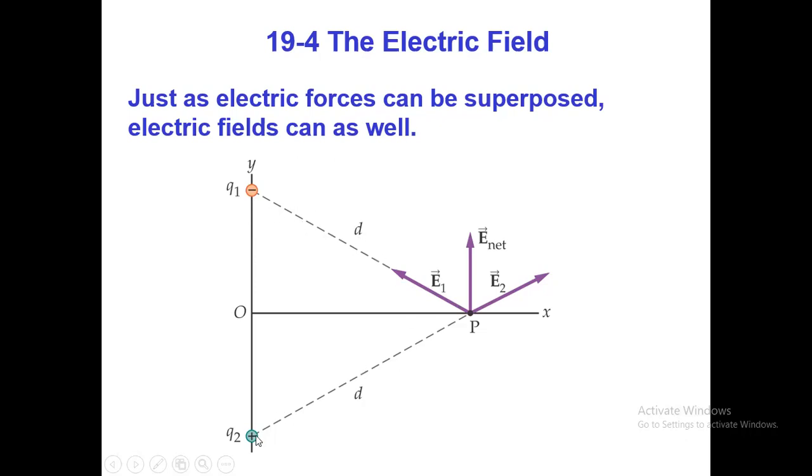The positive charge can produce its lines of force in this direction, and the net resultant vector of these two, E1 and E2, the net effect vector of those electric lines of force, is moving from point P to E net.